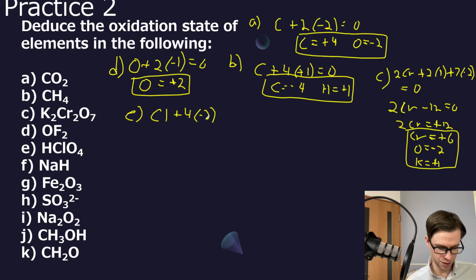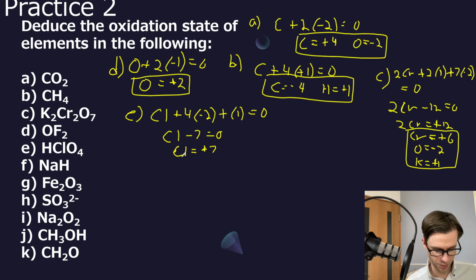And we have 1 hydrogen. All the other things here are non-metals, so this hydrogen is going to go plus 1. This equals 0. So we will have Cl minus 8 plus 1, it's minus 7. Cl equals plus 7. It loses all of its valence electrons and goes to the most recent noble gas configuration. Somewhat uncommon, but definitely possible.